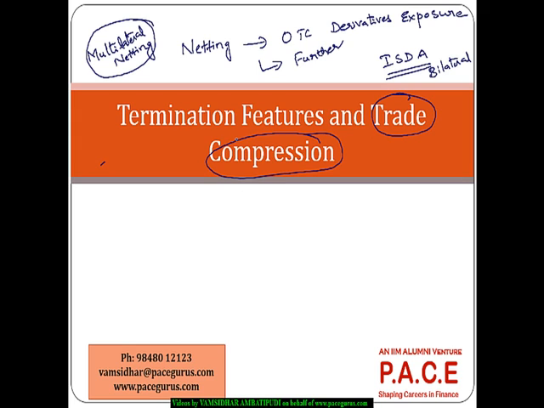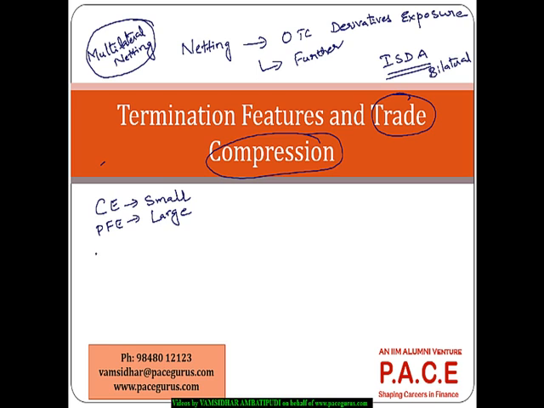And similarly, when I talk about the long dated derivatives, right, like interest rate swaps or currency swaps which have a very long maturity period, the current exposure could be very, very small, but the potential future exposure could be very large and it could be a much unmanageable kind of stuff.